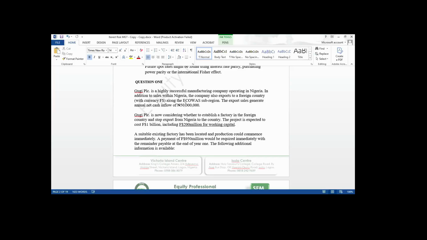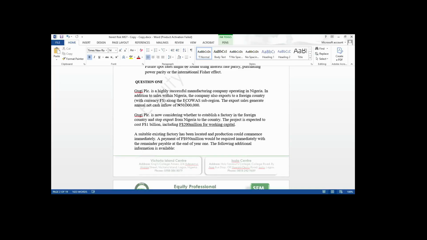In addition to sales within Nigeria, the company also exports to a foreign country with currency $ along the ECOWAS sub-region. The export sales generate annual net cash inflow of 50 million.